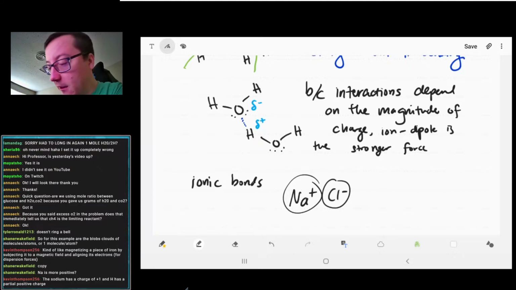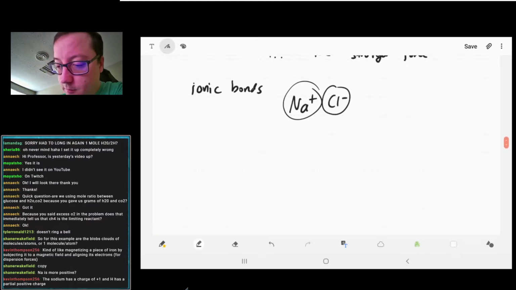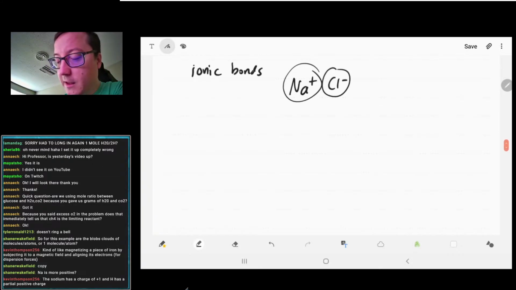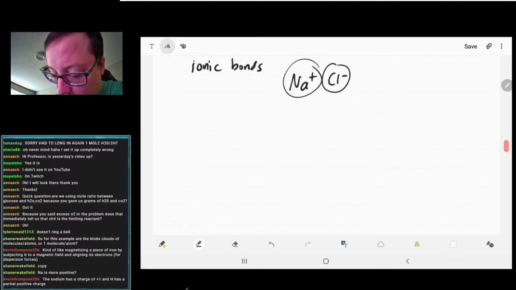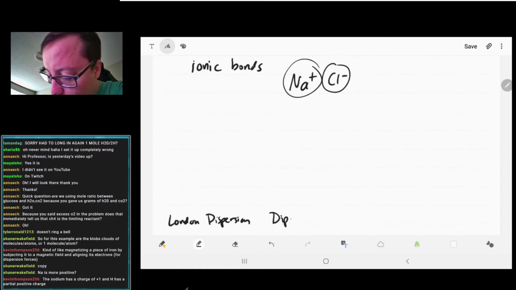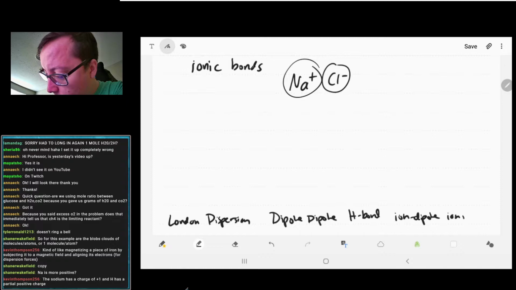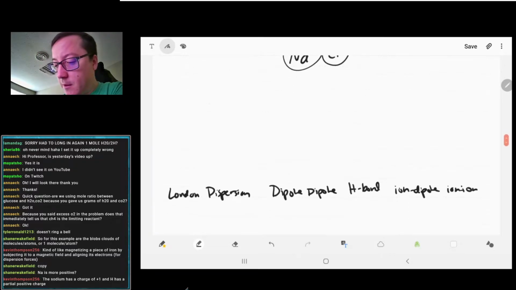So if we're to rank these, the book actually has a pretty interesting chart. I'm going to try and replicate it here. Okay, these are going to be the weakest down here, and these are going to be the strongest.